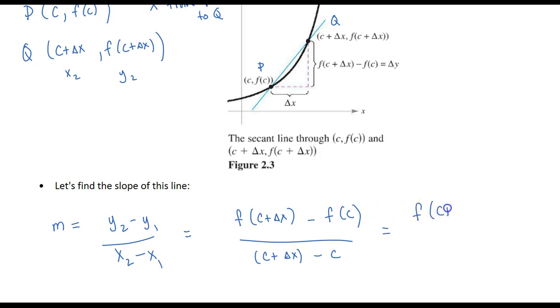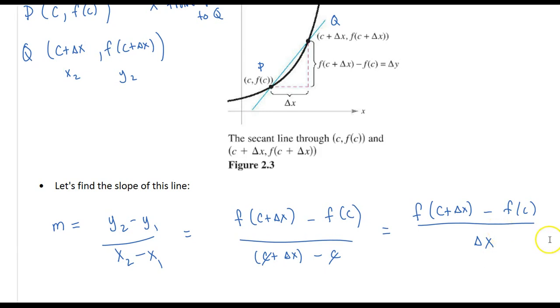Because c plus delta x is in the input of f, we can't separate it out, so it has to stay as is. But in the denominator, we can cancel the c's. So this is f of c plus delta x minus f of c, divided by delta x.